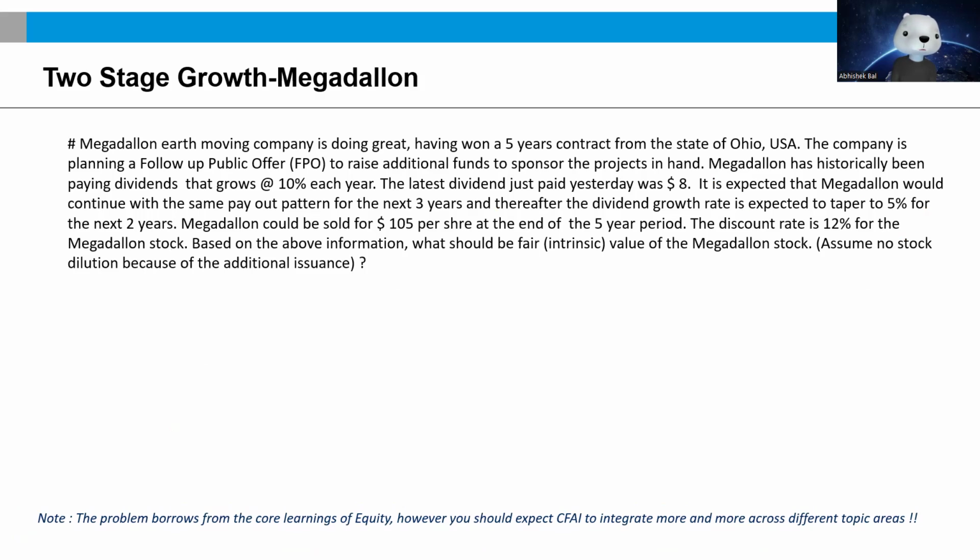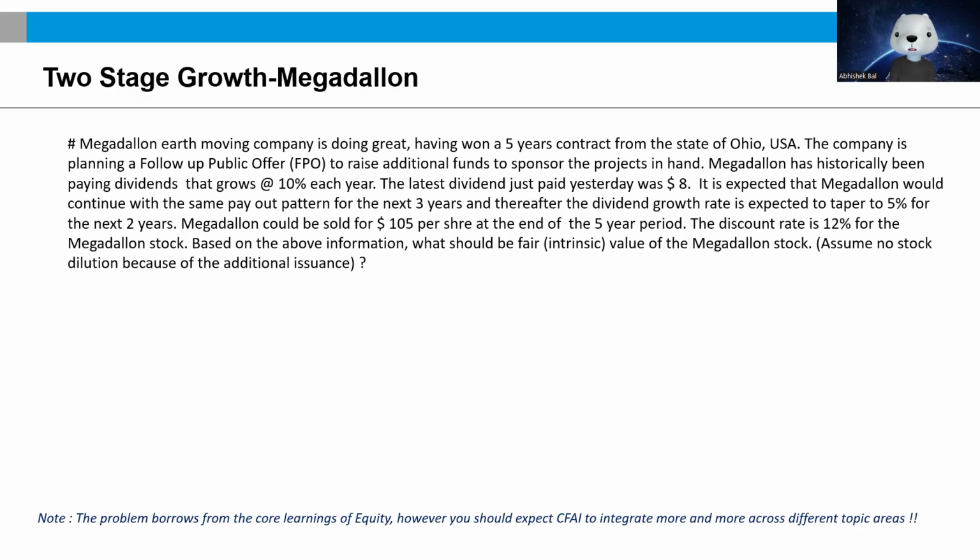I read out: Megadolon Earth Moving Company is doing great, having won a 5-year contract from the state of Ohio, USA. The company is planning a follow-up public offer to raise additional funds to sponsor the projects in hand. Megadolon has historically been paying dividends that grow 10% each year. The latest dividend, just paid yesterday, was $8. It is expected that Megadolon would continue with the same payout pattern for the next 3 years.